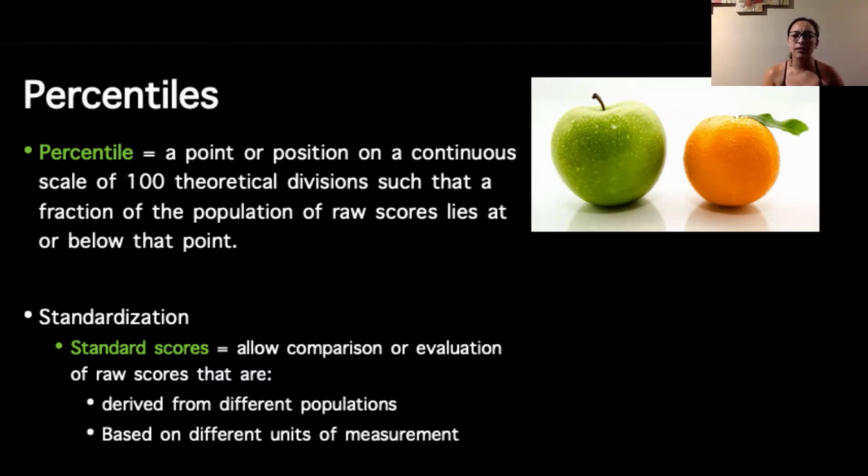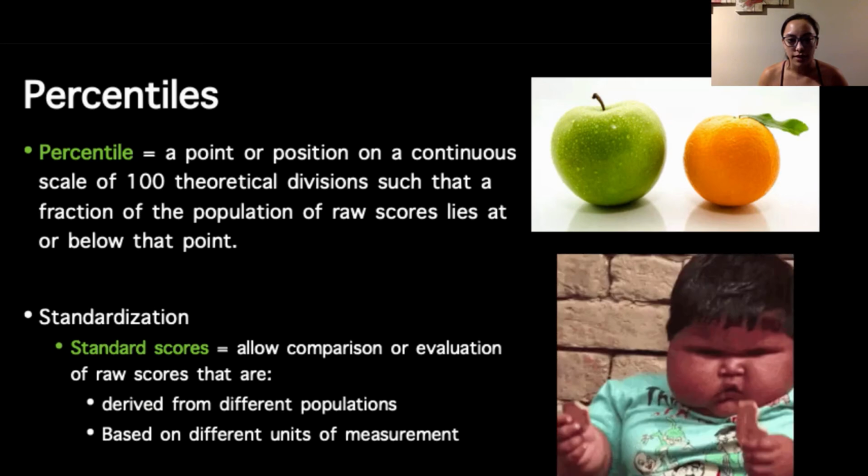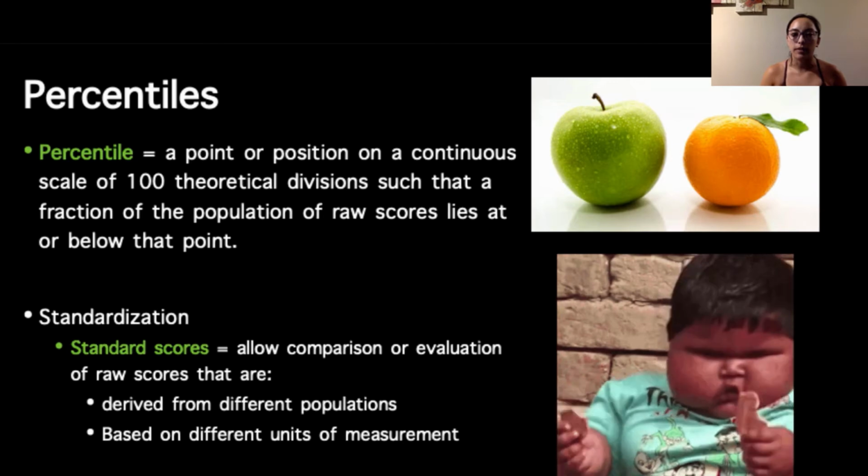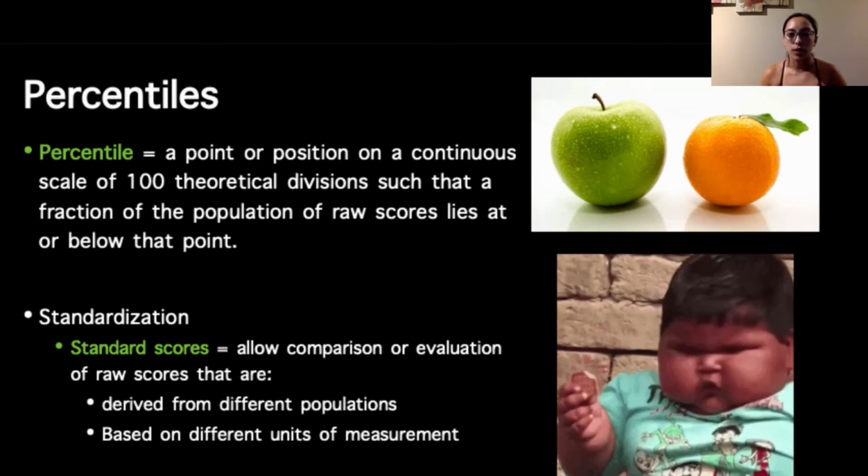Because instead of being on different scales in terms of the sample or where the sample was collected from, they're still standardized to a scale from 0 to 100. I also love this GIF of this kid comparing cookies to each other, but generally that's what percentiles do. They're standard scores that allow for comparison on a scale from 0 to 100.